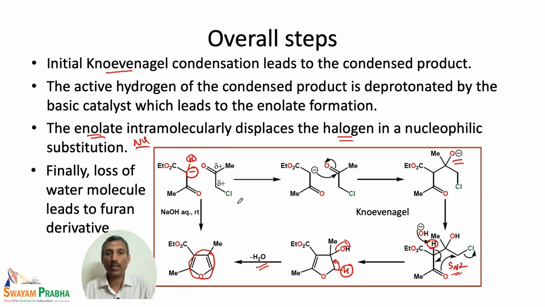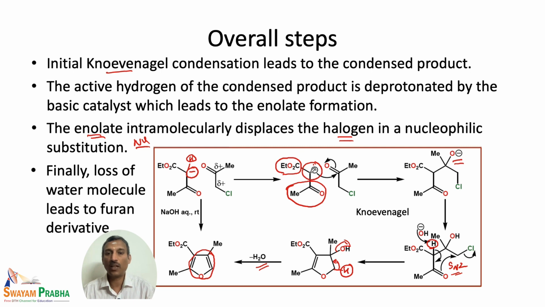So let us recap what are the important steps involved in this reaction. The first one is the generation of the anion. This anion is basically generated on the methylene carbon. This is having the acidic hydrogen, because we have two electron withdrawing groups. That means we have a carbonyl unit here and we have an ester unit here. So both are electron withdrawing in nature.